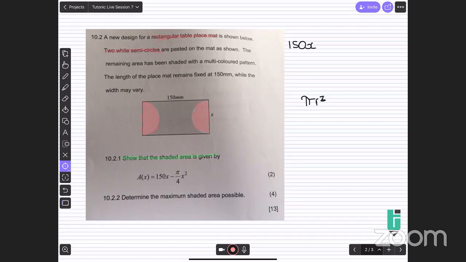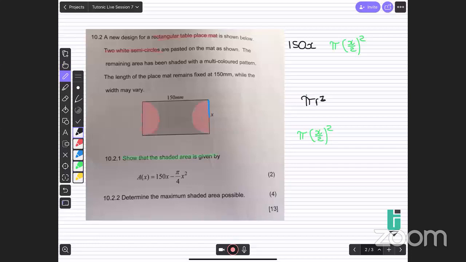Oh yeah. Good observation. This is the diameter. If the diameter is x, then the radius is half x, so it's going to be pi times x over 2 squared, and you must subtract this from 150x.